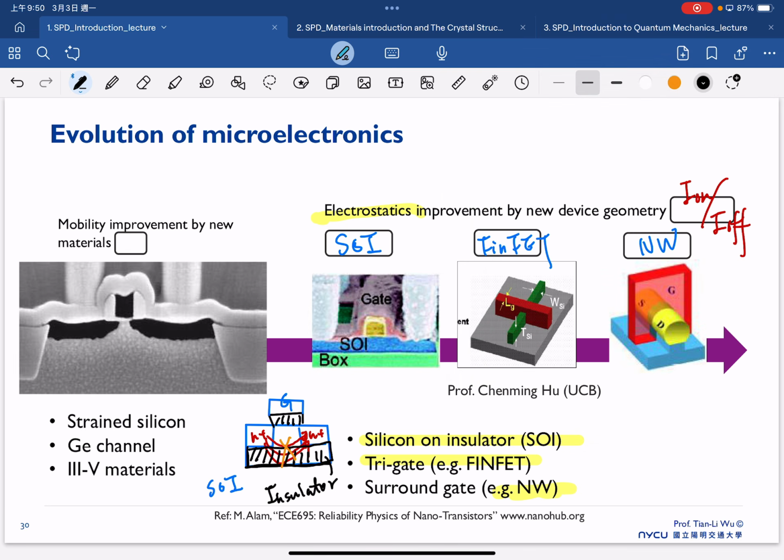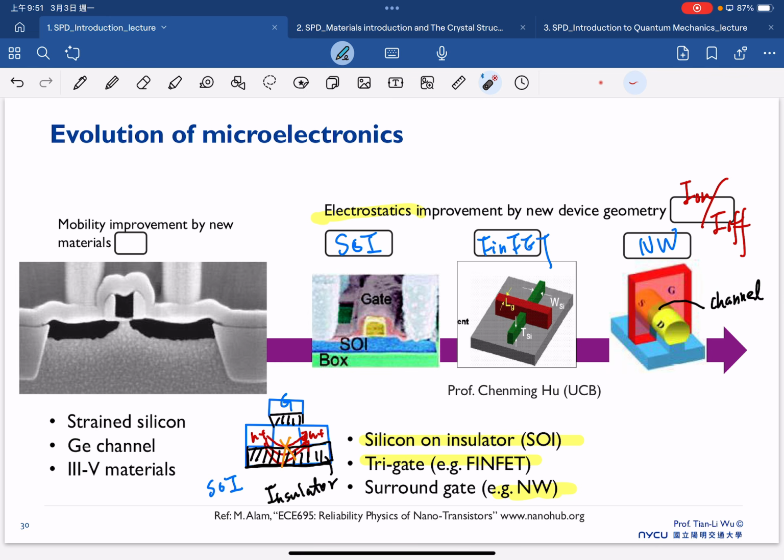This is the channel region. If we are able to make a transistor where our gate can fully wrap our channel, imagine it as a 3D wire, then you can have a gate fully covering all of your channel, and that can also address the issue so that we can reduce the leakage current here.